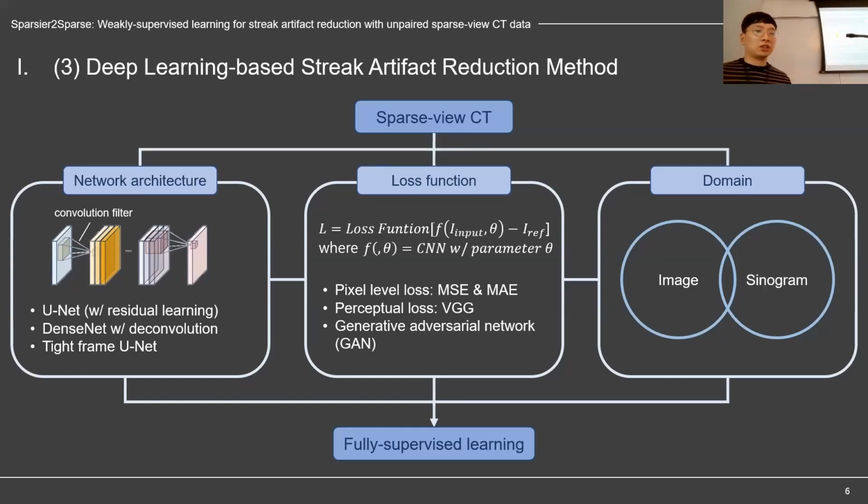For network architecture or loss function, many methods optimize the parameters of several convolution layers and loss combinations to achieve the best performance. Moreover, the hybrid domain approach is also developed to contain useful information in both image and sinogram domains. However, most of these methods are commonly based on fully supervised learning.